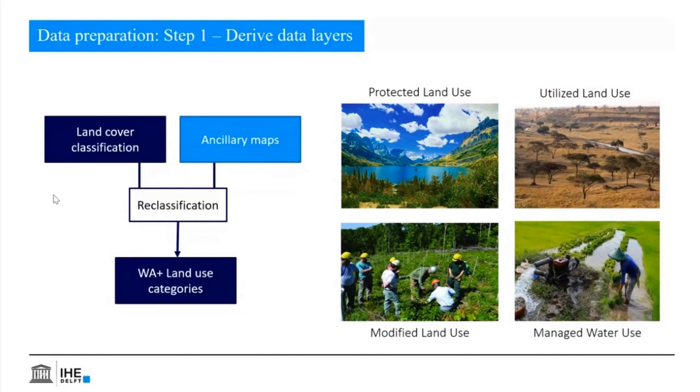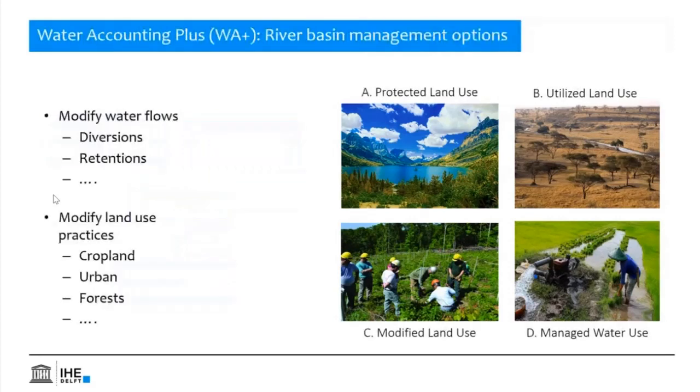So in order to categorize this, we have to derive these data layers from land cover classification with some ancillary maps. This is to revise a bit about the four land use categories.